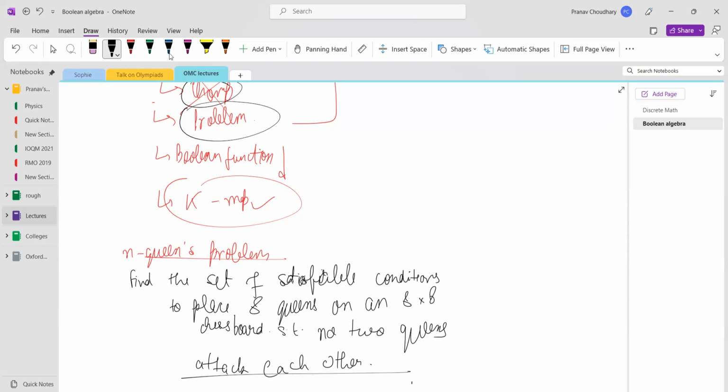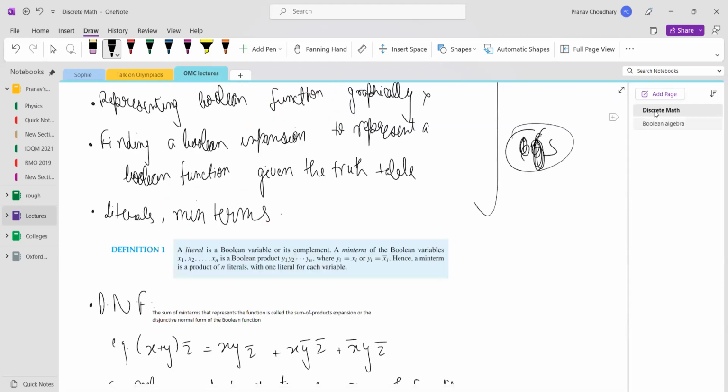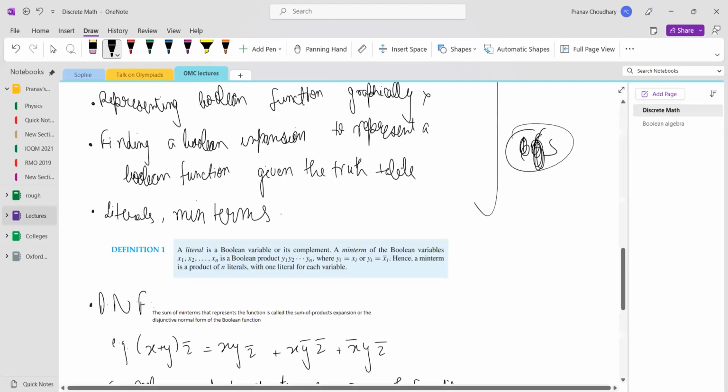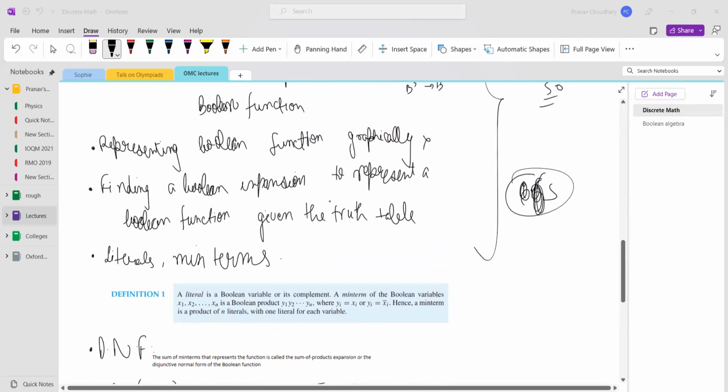You won't really use this stuff in Olympiads. Not always will we have discrete math. Probably next week you'll have an Olympiad lecture as well, most probably. Can you mention in the announcement when there is a discrete mathematics class? I announce all the classes, so you can read from there.